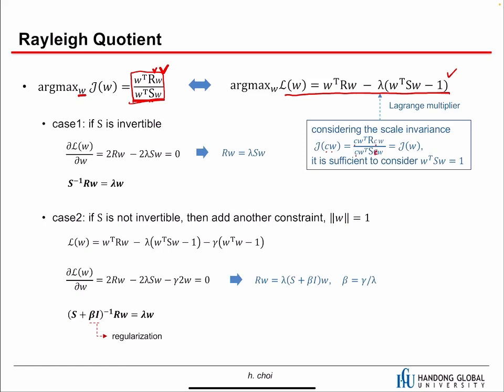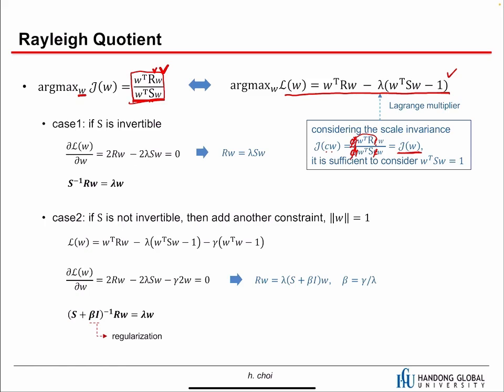This C can go out, so we have a C squared and a C squared here, and then we can cancel these against each other. And then this one is exactly the same as J(W).